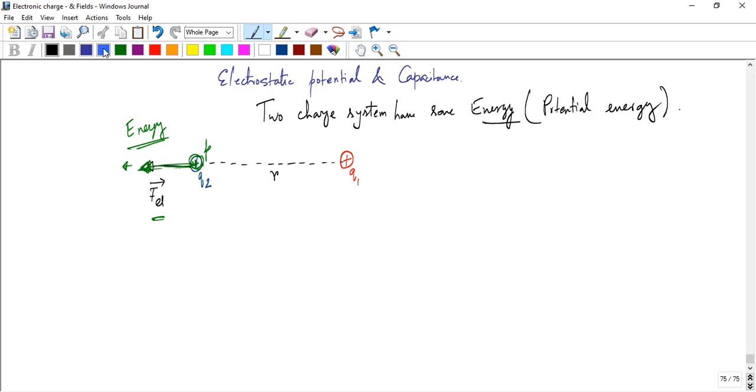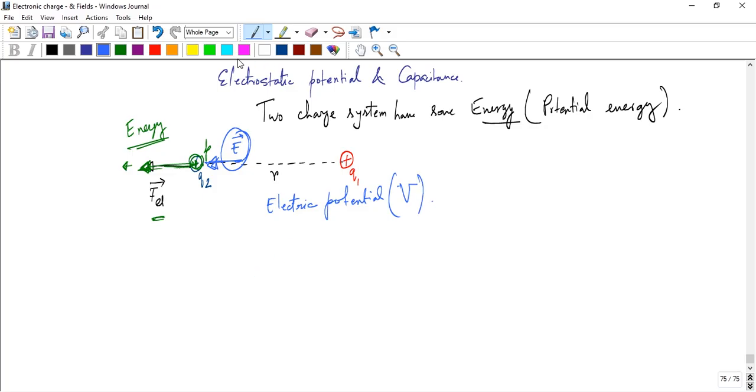And there is an electric field in that direction. If there is an electric field, then there is some electric potential, with the symbol V.